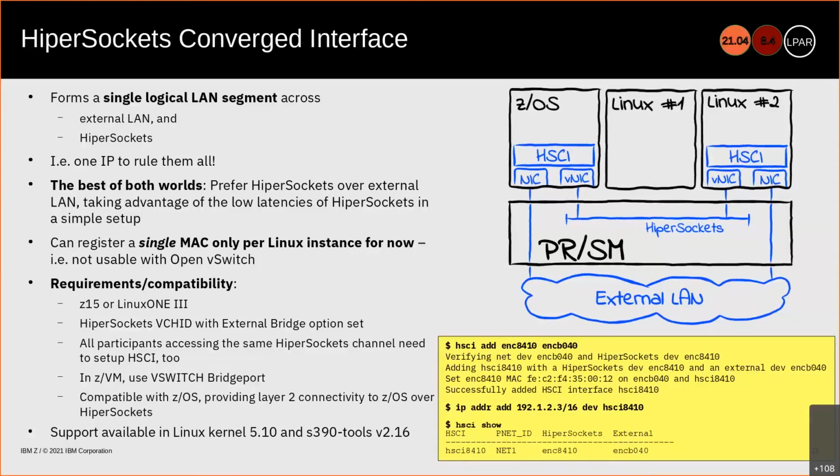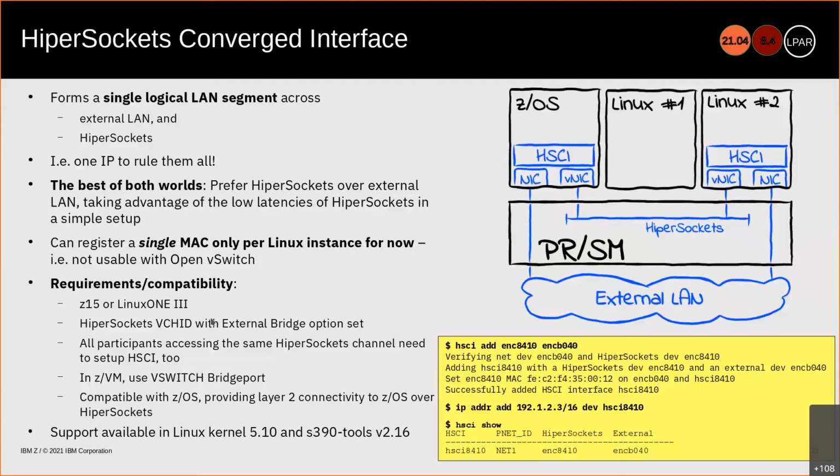So it's basically eliminating some of the complexities. You do not need an additional IP subnet anymore. You can conveniently converge HyperSockets and the external LAN into a single big one. If you're intimately familiar with the z/VM vSwitch, there's the functionality called bridge port support, and this is basically the equivalent in Linux for LPARs.